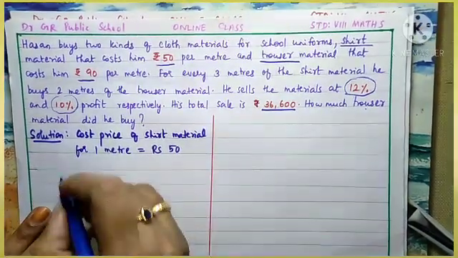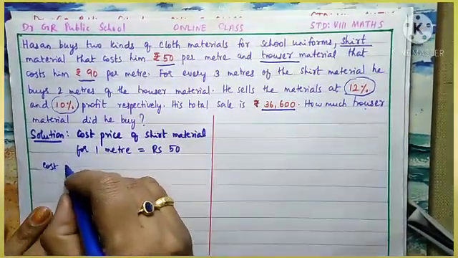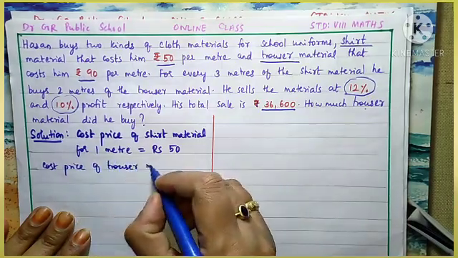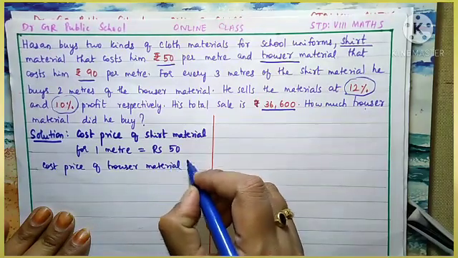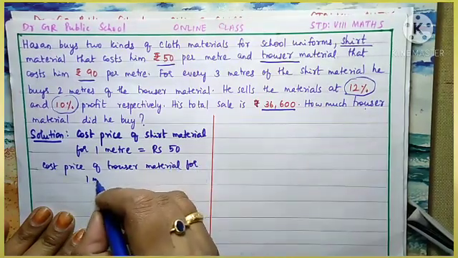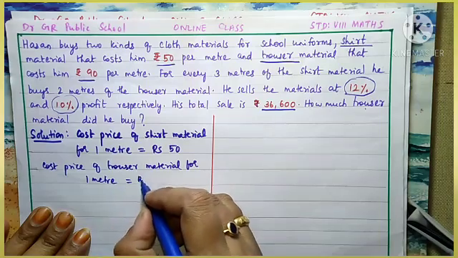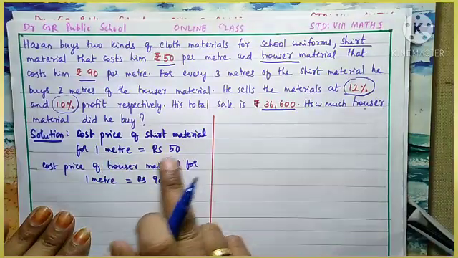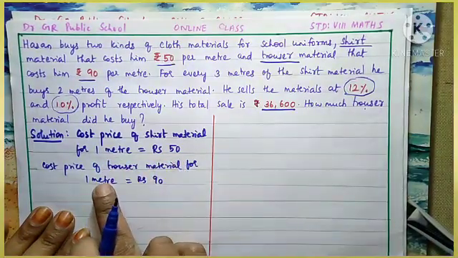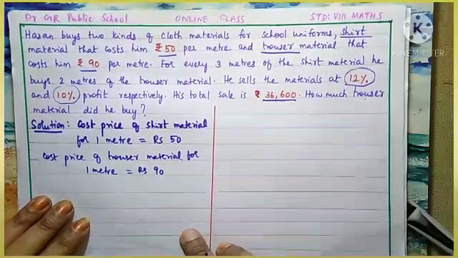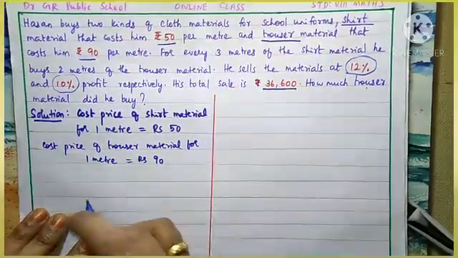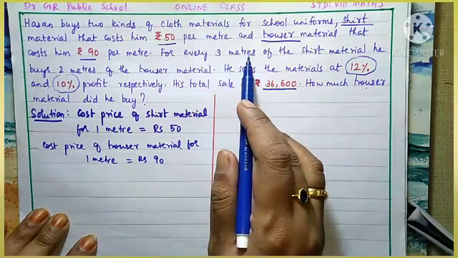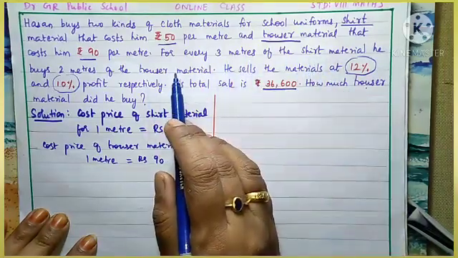Similarly, the cost price of trouser material for 1 meter is rupees 90. So this is given in our question: 1 meter shirt material is rupees 50 and 1 meter trouser material is rupees 90. Now this is the relation: for every 3 meters of shirt we need to take 2 meters of trouser material.